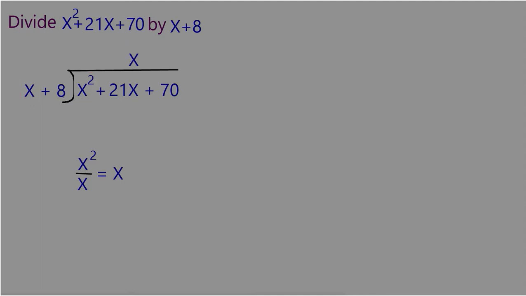X times x gives x squared. X times positive 8 gives 8x. We place a plus sign before, then 8x after. We now have to draw a horizontal line and minus 8x from 21x.